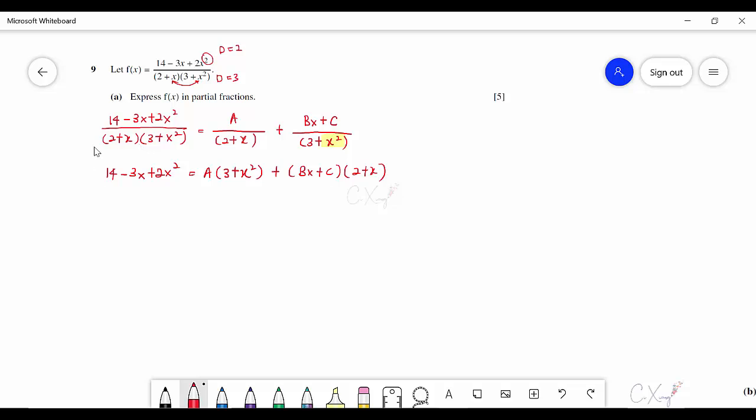Okay, so now we want to find out the values for A, B, and C. I have to eliminate some unwanted unknowns. As an example, for the first value that I choose, I will focus on this bracket. If I let x equal -2, this whole bracket will become 0, and the B and C will disappear. Therefore, you can get the value for A. So the first value that I will focus on is this one. I will let x equal -2.